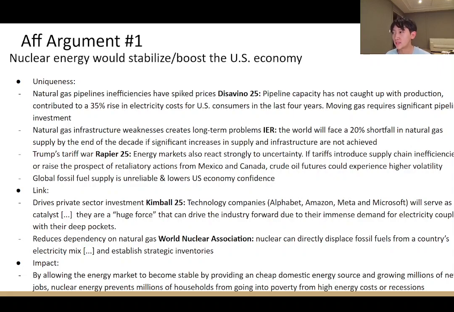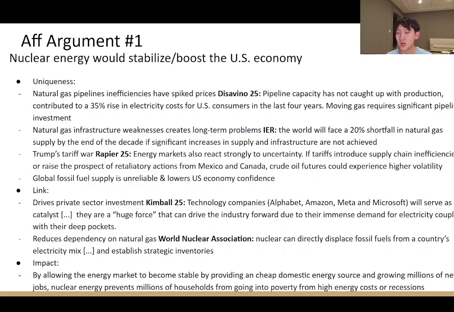Also, natural gas infrastructure weaknesses create long-term problems, as according to the IER, the world will face a 20% shortfall in natural gas supply by the end of the decade if significant increases in supply and infrastructure are not achieved. So these two cards basically summarize that natural gas is inefficient, it's very short term, it's going to die off, right? So you're arguing that these short term alternatives that the neg is promoting aren't all that good as they talk about.